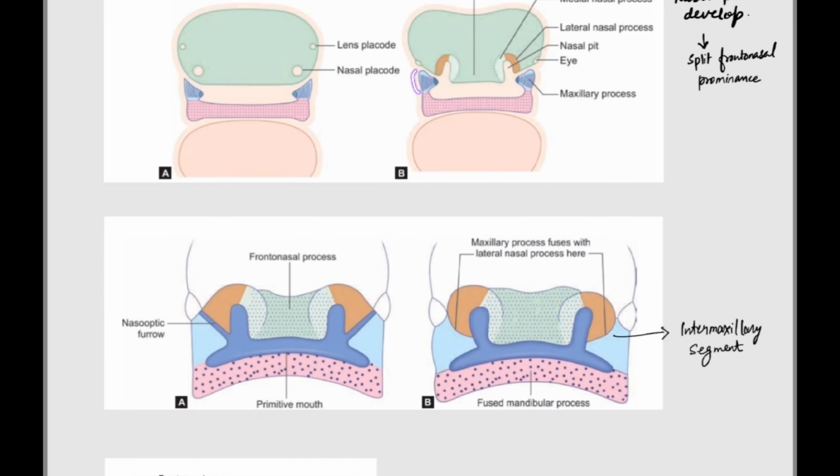The maxillary process rapidly grows and fuses with the lateral nasal process, which forms the intermaxillary segment. So this whole segment becomes the intermaxillary segment, and up to that point these nasal placodes are in direct contact with the stomatodeum.